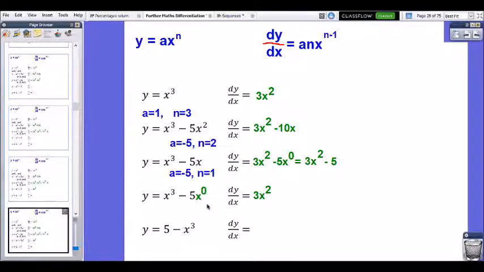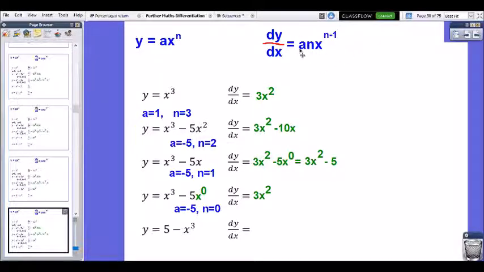So these two things, negative 5 and negative 5x to the power of 0, are the same thing. So to make it fit my formula, I'm going to write it with x to the power of 0. And let's now consider, what would my value of a be, and what would my value of n be? Well, a would be negative 5, and n would be 0.